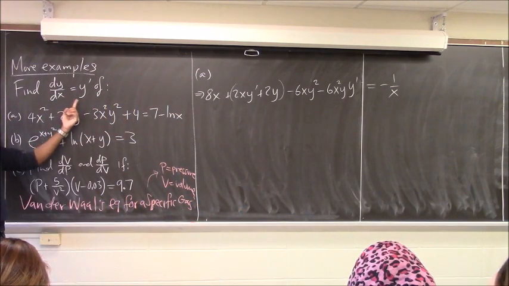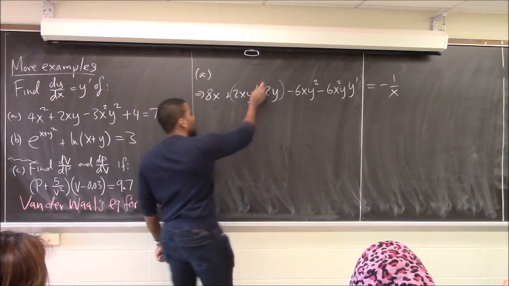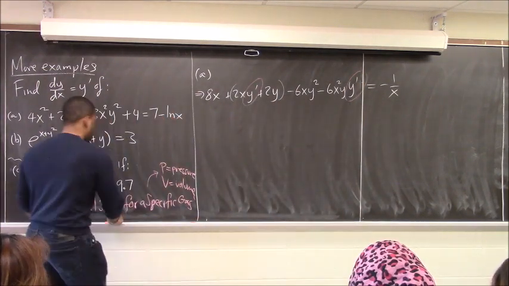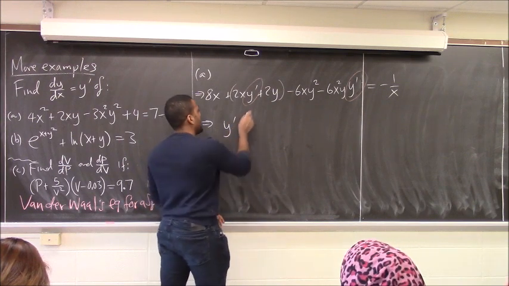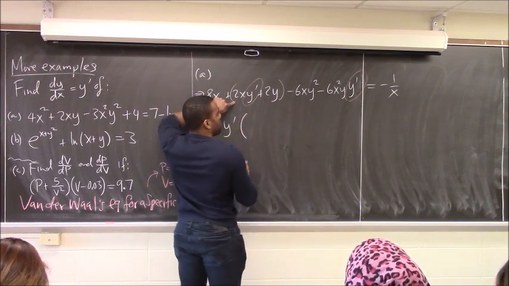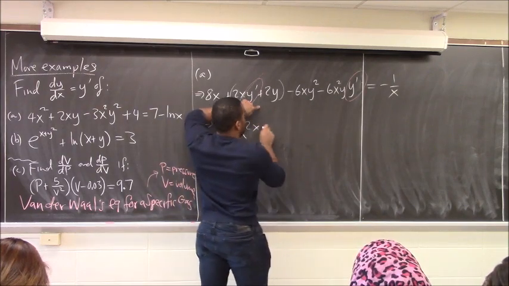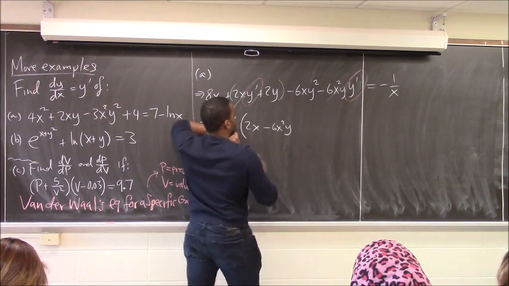Now we actually want to find y prime, but now it's just a matter of isolating that y prime via algebra. So we find y prime and take out all the common terms. So 2x gets rid of that term, minus 6x squared y gets rid of that term.